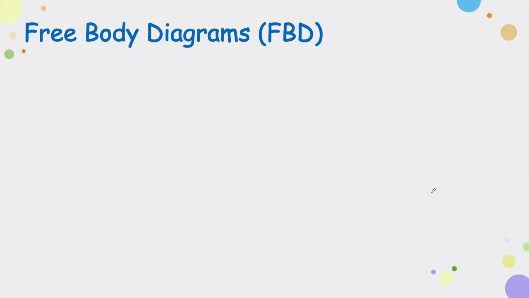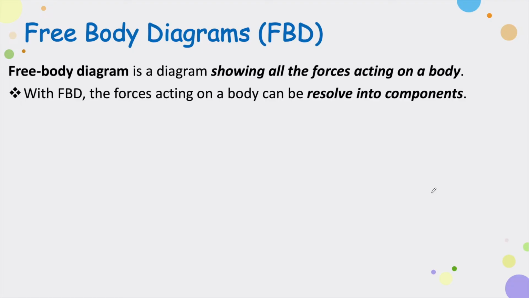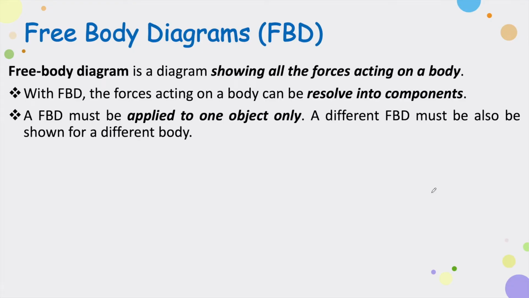Take note also that we will be dealing with free body diagrams in solving problems involving Newton's laws. Again, you need to resolve the forces into their components. For example, for an object at rest in equilibrium, the forces are basically the normal force, which is upward, and your weight, which is downward.